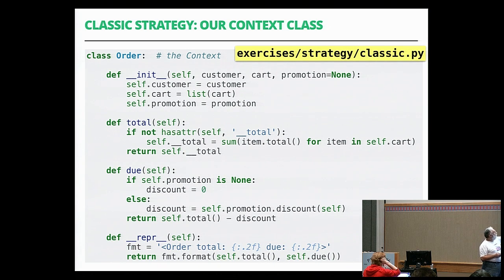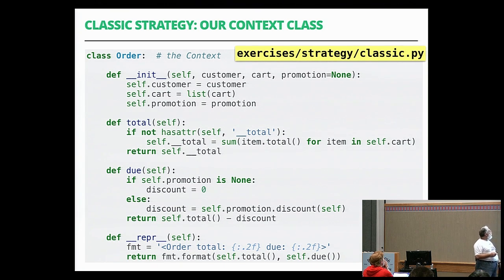And so the total here has a little optimization. I'm just showing you because sometimes I'm going to use this total several times. So what I did was, if the instance doesn't have _total, we don't say "under" here, okay? Because the "dunder" is only for 2 underscores in front and in the back.